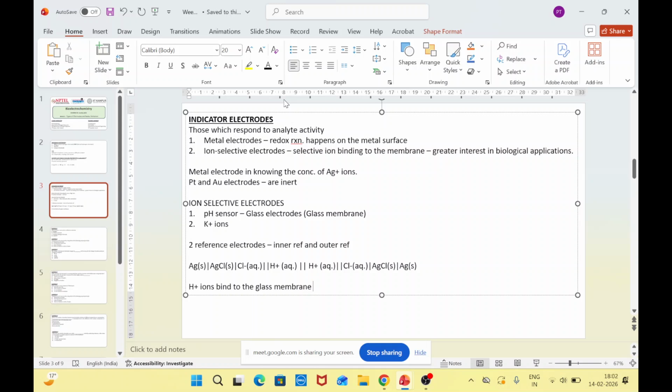Because of this binding, a potential difference is generated, and that is what gets measured. Once a standard is fixed, any shift from that standard can be used to calculate the concentration of the particular ion.